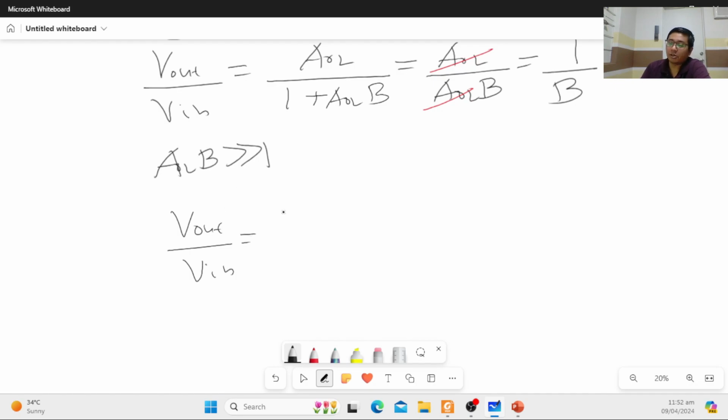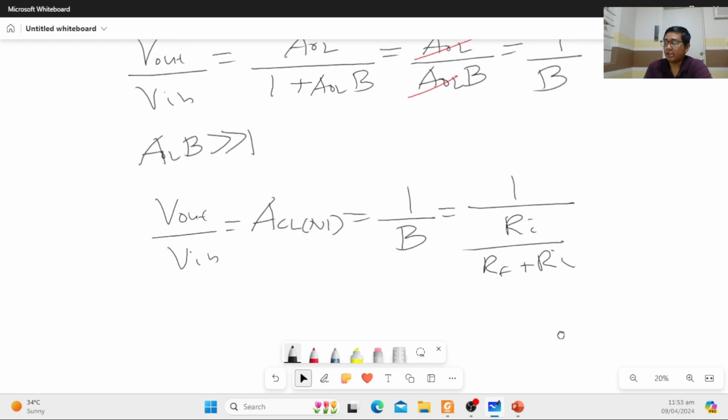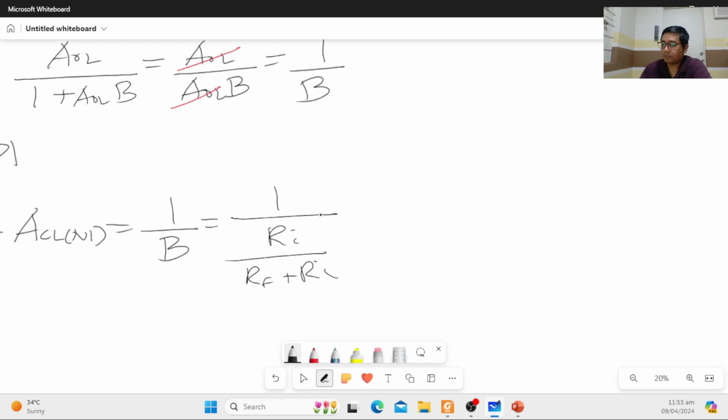That is actually your closed loop voltage gain ng isang non-inverting amplifier. So that is equal to 1 divided by the attenuation B. We know that the attenuation B is equal to R sub I over RF plus R sub I. Okay. Multiplied by the reciprocal of the denominator. So we have 1 times RF plus RI over RI.